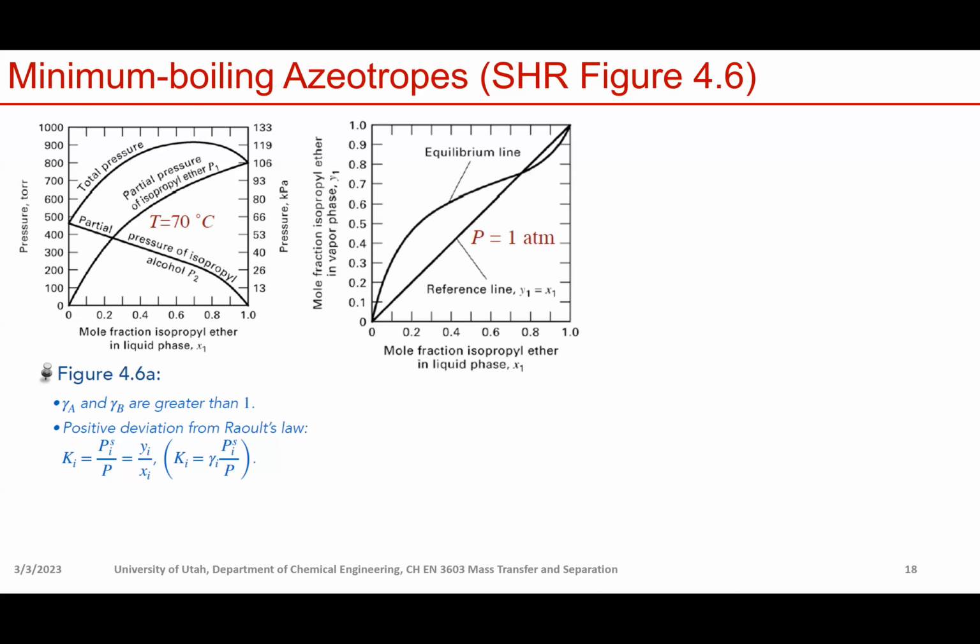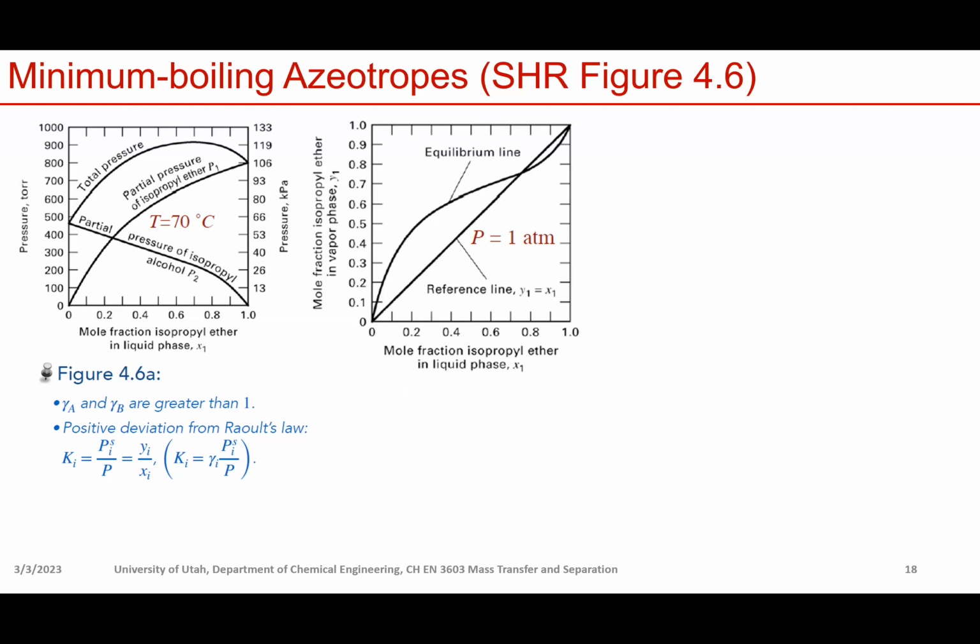Okay, and we can also look at the XY diagram for such an azeotropic system. And interestingly, as you can see, we know for a normal system, the XY diagram would be either concave, that's like this, or convex, that's like this, right? But in this case, as you can see, the shape changes.